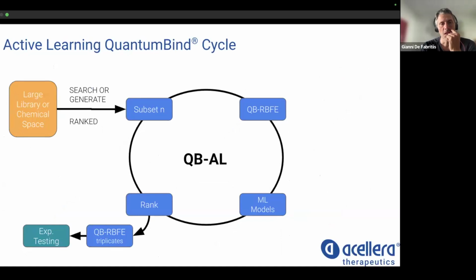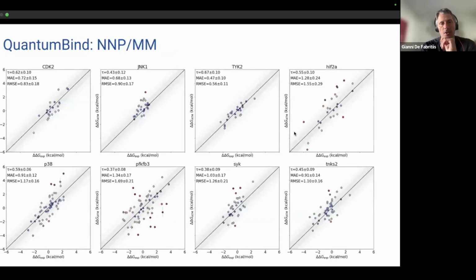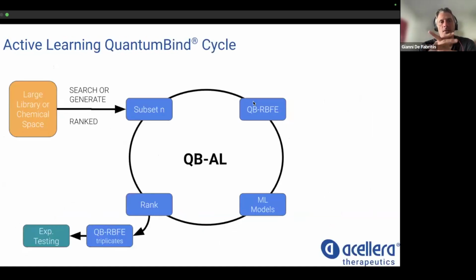Why is this important? If you get correlations like in TYK2 here, you can use it in a normal drug discovery cycle in a way that is comparable to having experimental data. That's what we do in Accelera. We have an active learning loop, in which we take a subset of molecules and build accurate data using these RBFE methods.